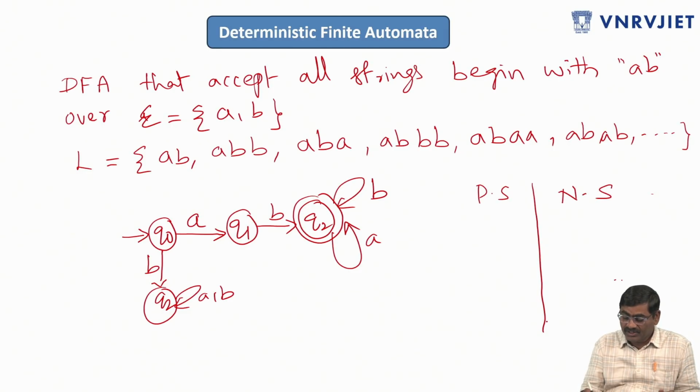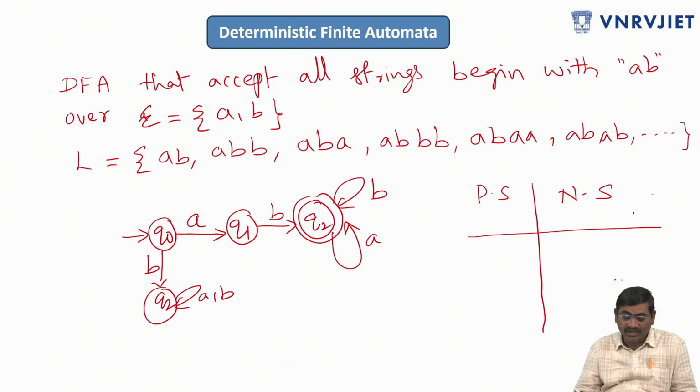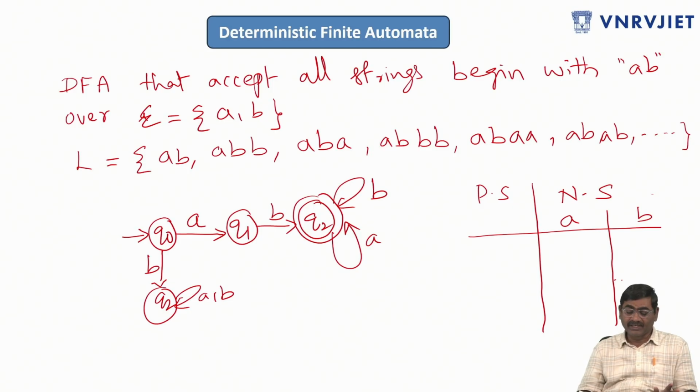In the next state columns we have the input symbols, either A or B. So there are two columns, A and B, and the present state. The present state includes the states that are in the diagram. The number of states in the diagram is 1, 2, 3, 4.